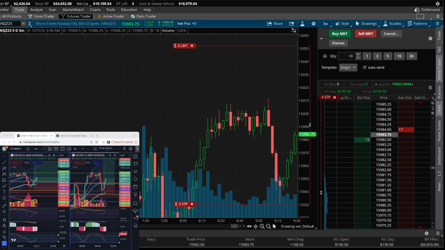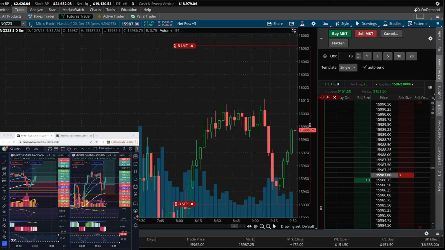We're also inside of, well, no, we just pushed outside of a 4 hour fair value gap. This fair value gap occurred on the 4 hour time frame days ago, and it was a bullish fair value gap.